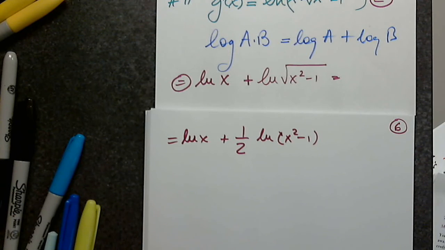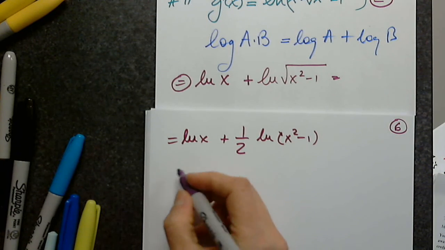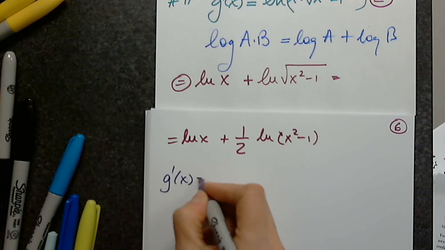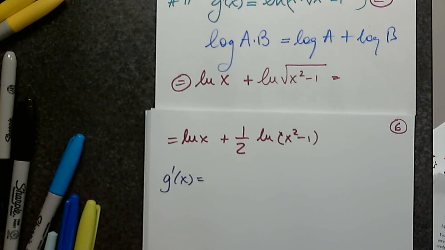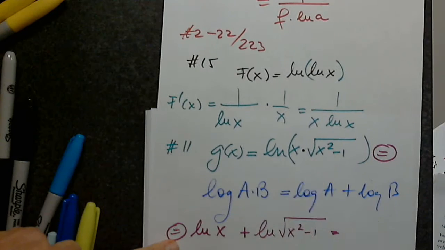And you can say, what's with all this preparation? Because I want to show you one of the applications of log, in this case two different properties that we applied to simplify the function. So now g prime of x is easier to calculate. Why is it easier? Because I don't have to use a product rule.